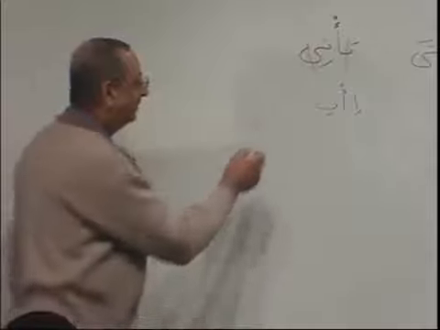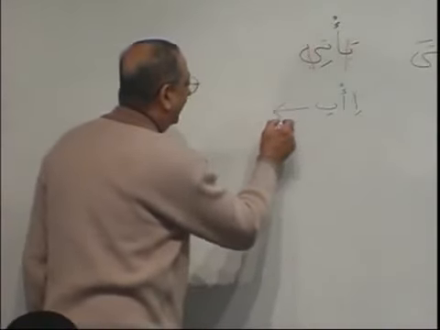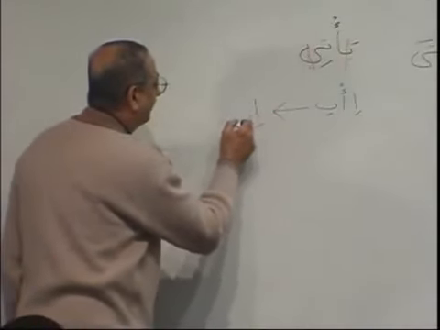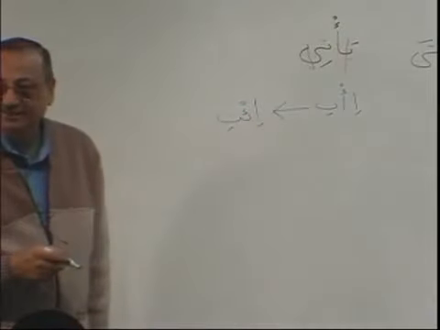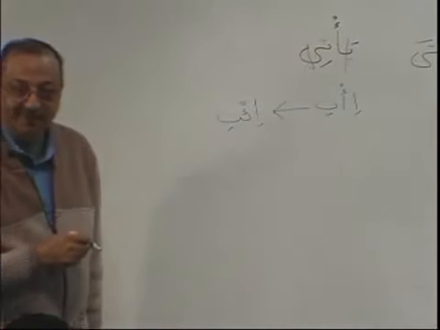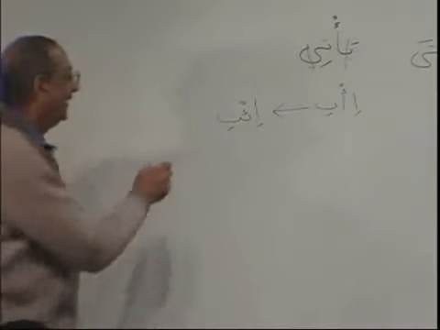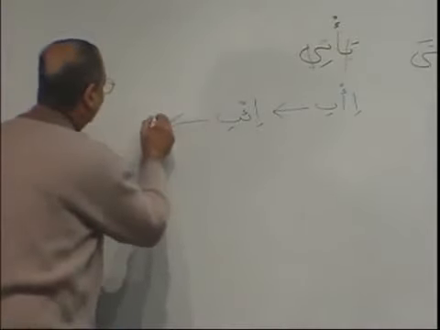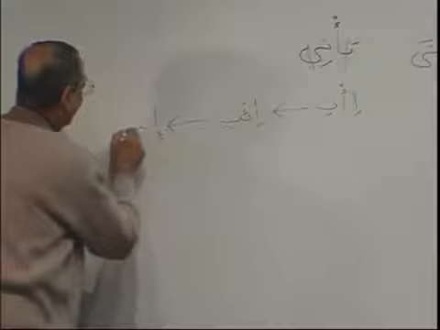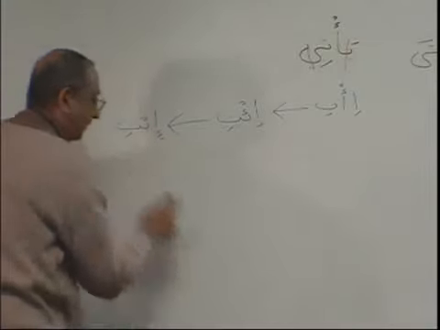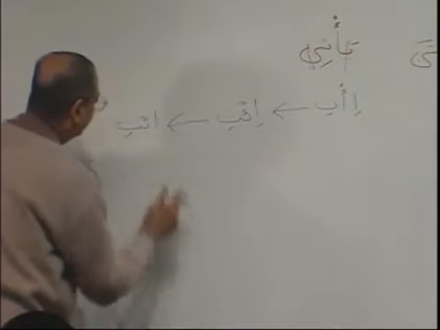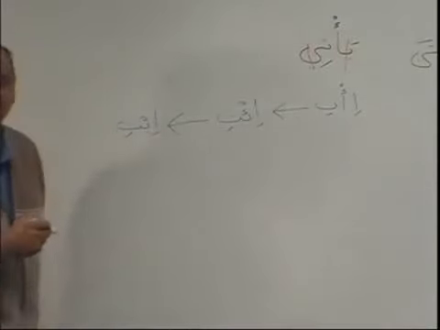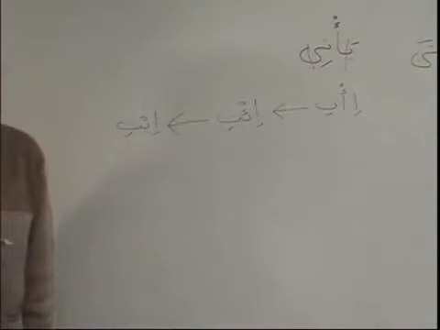It will become, either it will become, it got a kursi, are you with me? Eti, or it can change into ya. I should not put Hamzatul Qata here. Eti. Both possibilities are there.